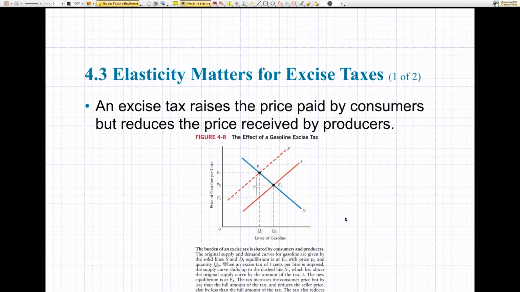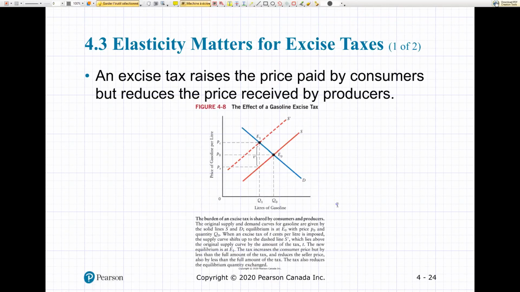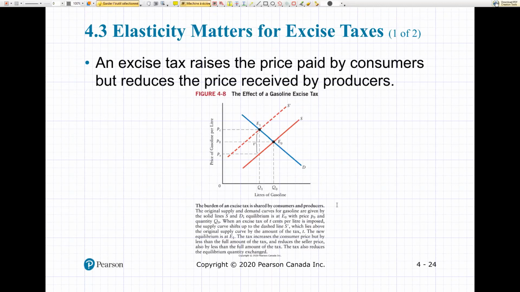So here it is. Excess tax, the price paid by the consumer.